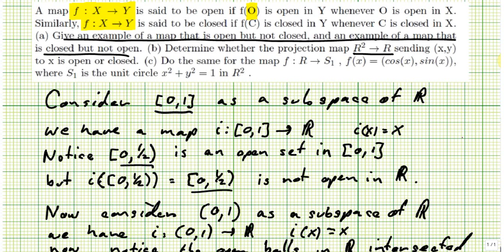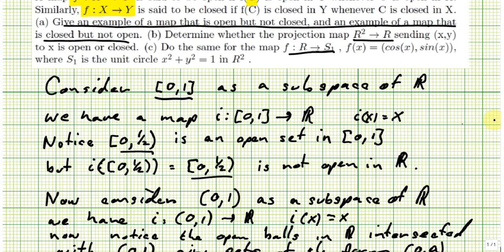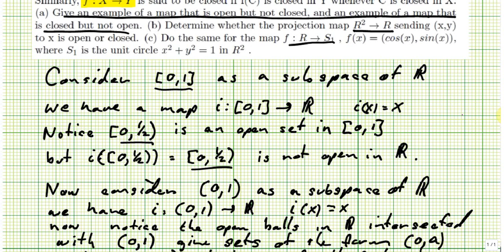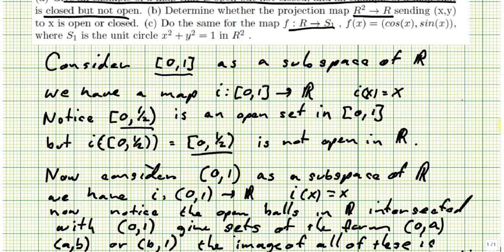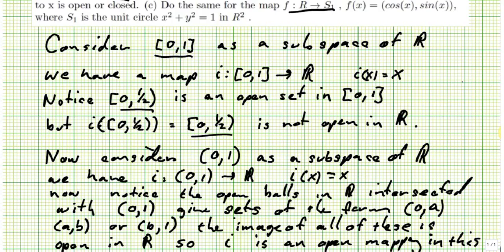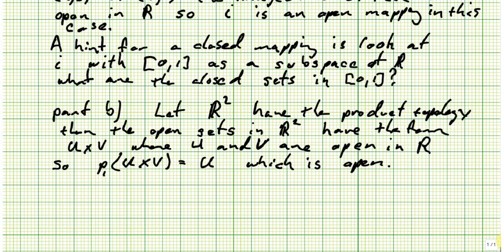And then let's see, part C, do the same for this one. Again, the basis for the open sets in R are going to be open intervals or open balls, and you can look at what the basis elements for the topology in S1 are going to be, and I'll just draw a picture.